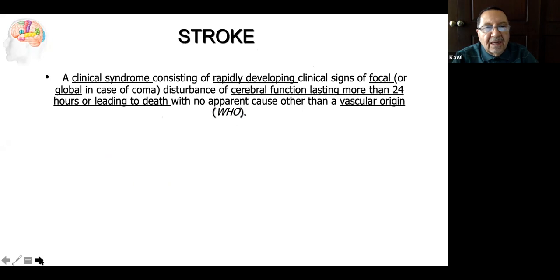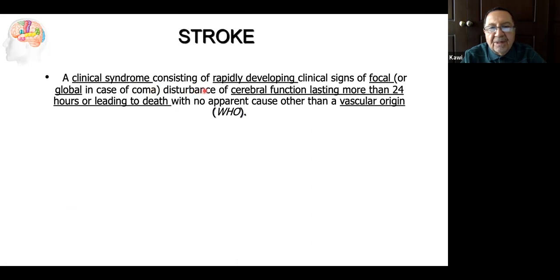Stroke is a clinical syndrome that consists of rapidly developing clinical signs of focal or global disturbance of the function of the brain. Now, in case of coma, where there is interruption of blood supply to the brainstem, we will talk about coma in the next lecture.